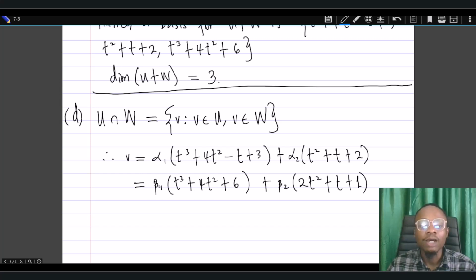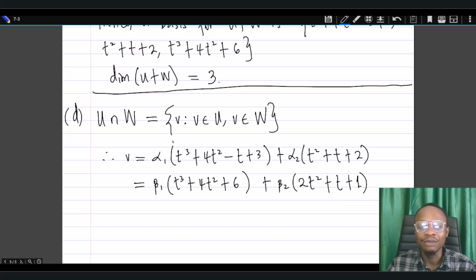We have used two different notations because the coefficients here would be clearly different from those here. The two sets are different, so the vectors here are different from those here.